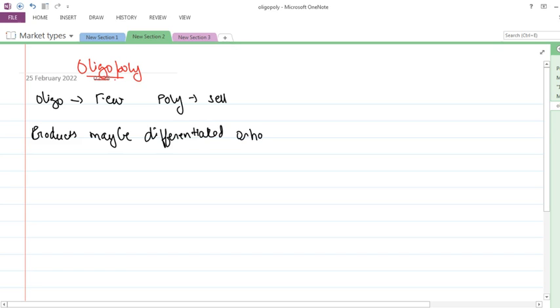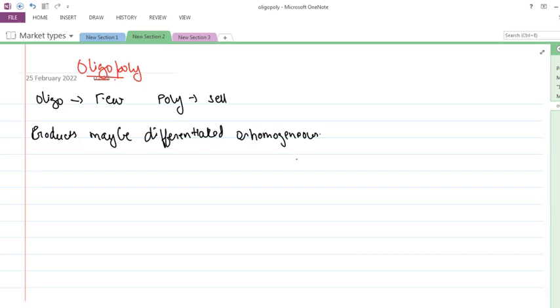In case of the former, we can assume the example of the automobile industry, wherein the products are different, the cars are different, but the particular product is competitive and it is competing with these differentiated products.